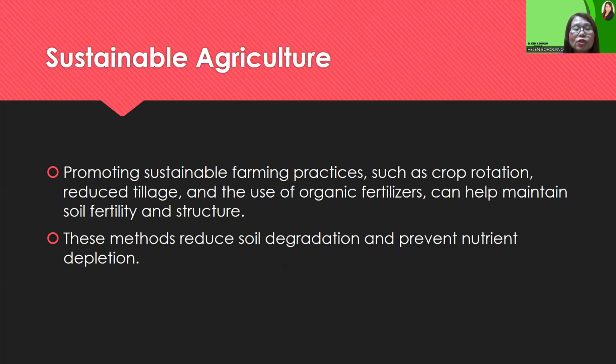Sustainable agriculture is important. So promoting sustainable farming practices such as crop rotation, reduced tillage, and use of organic fertilizers can help maintain soil fertility and structure. But we cannot deny the fact that this time many of our people are not anymore using the organic fertilizer.